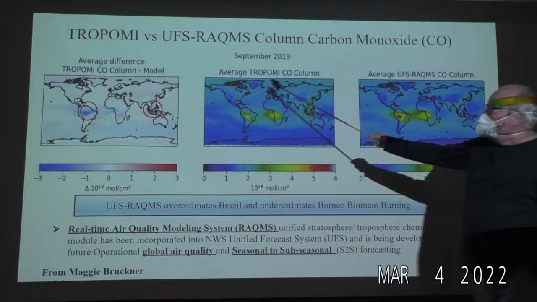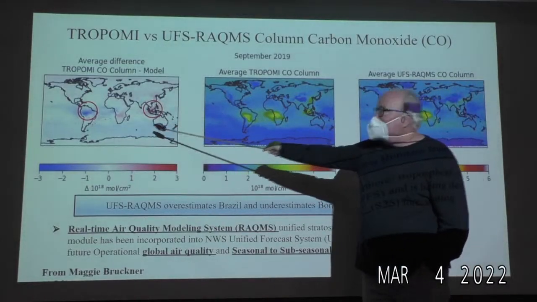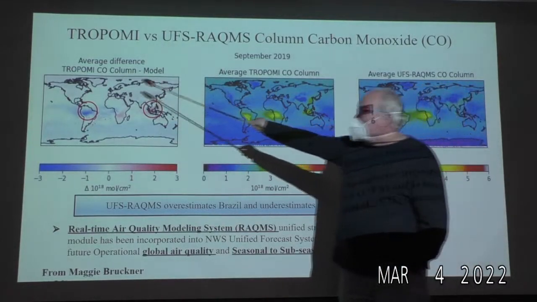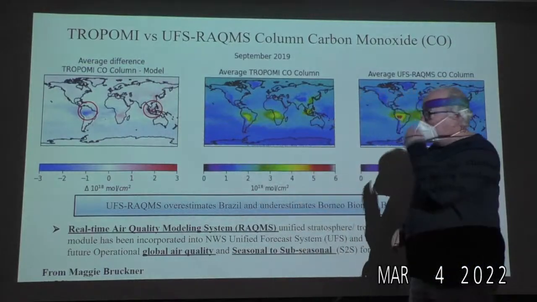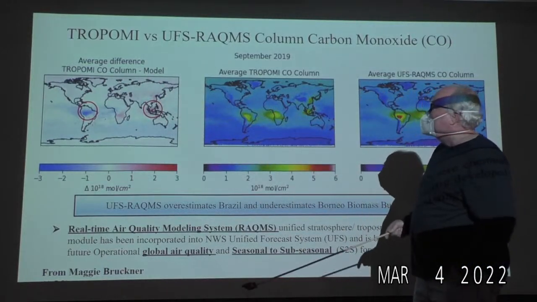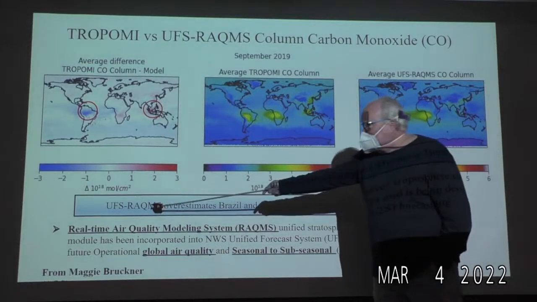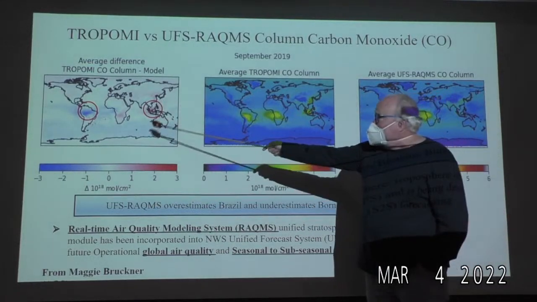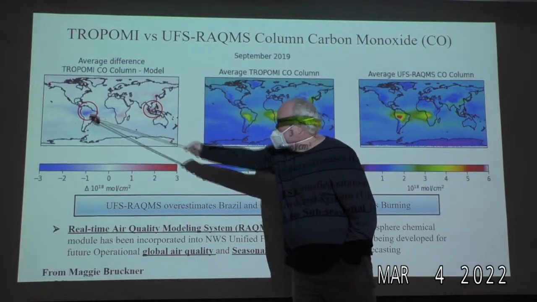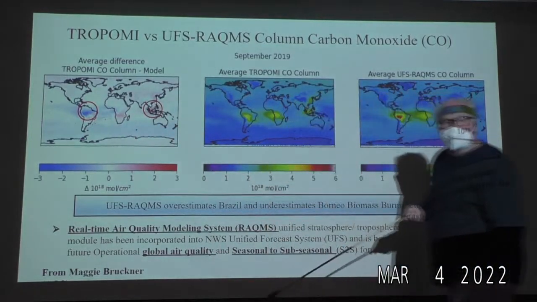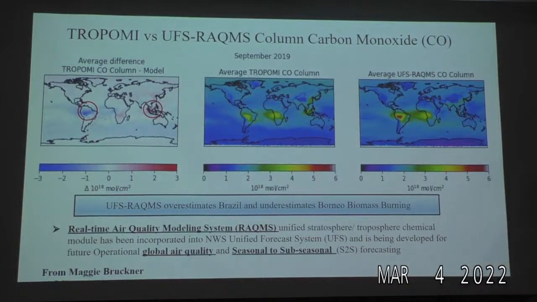And here you can see comparisons between a global model prediction of carbon monoxide and from satellites, the tropospheric column carbon monoxide. This is the difference, and you can see that the model, in this case global model, is over-predicting emissions here and under-predicting emissions here. So we still have a lot of work to do. Fire emissions are highly uncertain. Next slide.